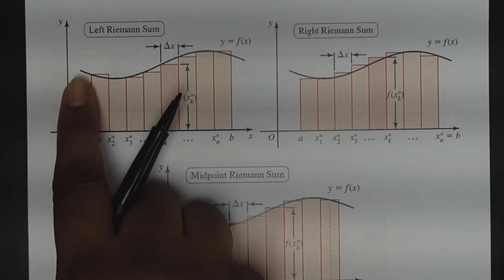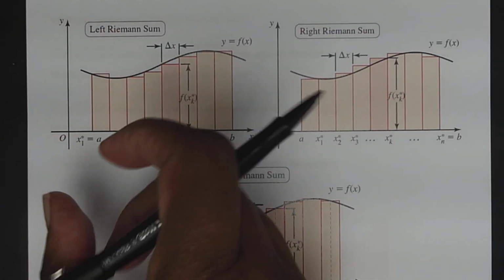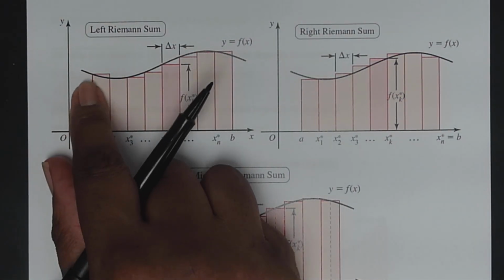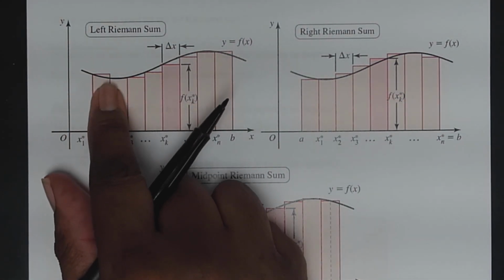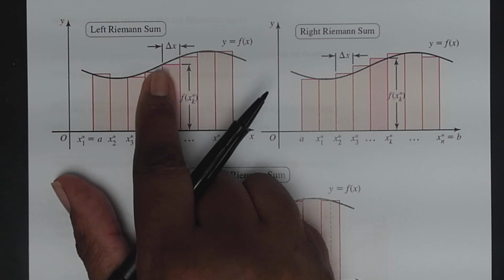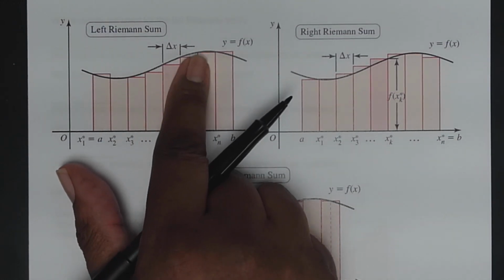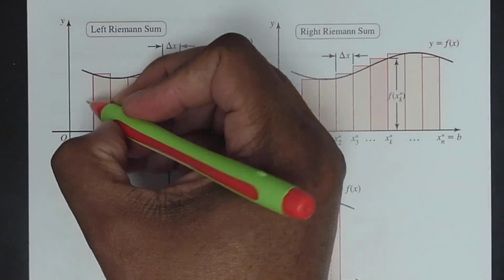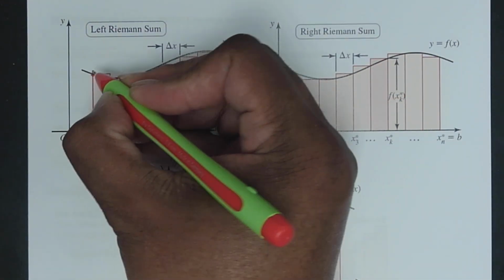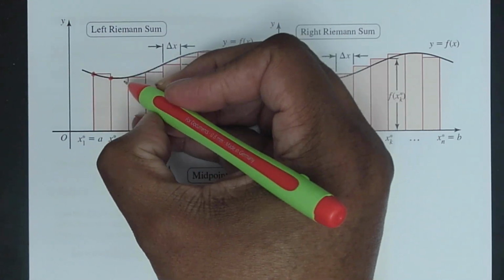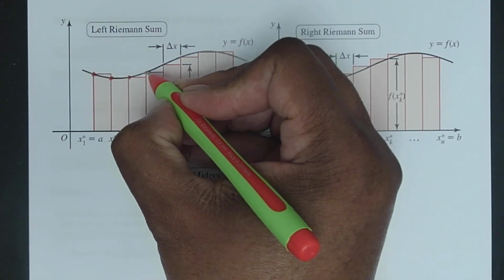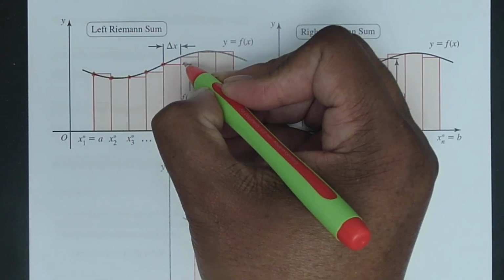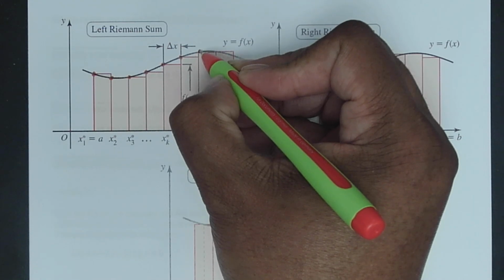Here, the left Riemann sum, if we have the graph of y equal f of x, notice that the graph is touching the left vertex of each rectangle. Okay, so here's my left endpoint, another left endpoint, and so on.